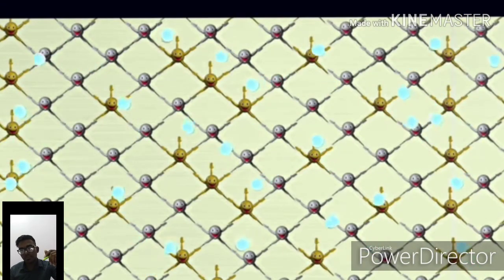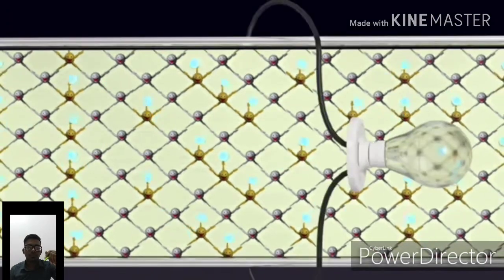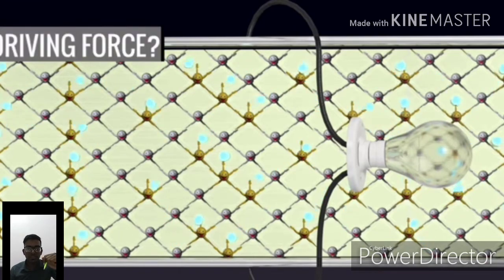When light strikes, the electron will gain photon energy and will be free to move. To make the electron flow unidirectional, a directional force is needed, which is the p-n junction.